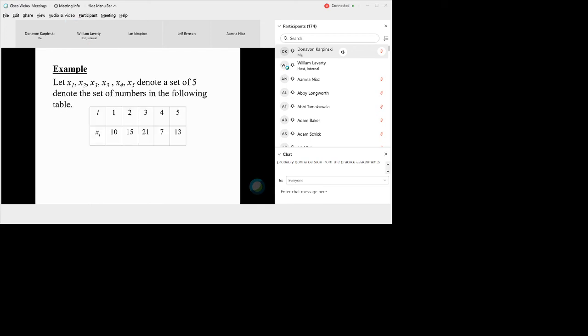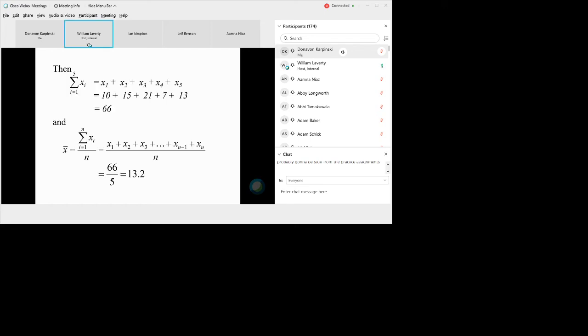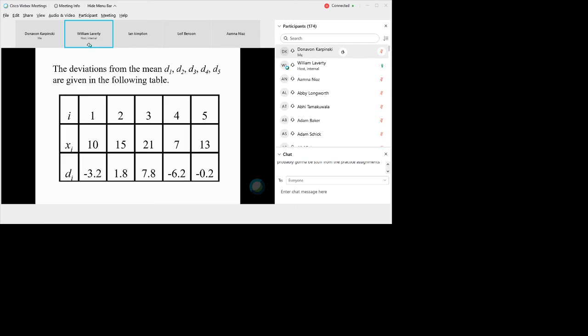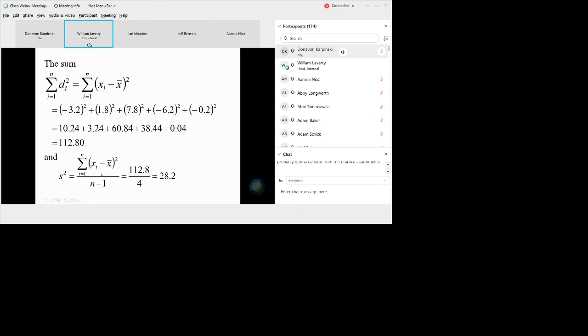Example, here are 5 numbers. The mean: add up the numbers, 66, divided by n. The mean is 13.2. If I subtract 13.2 from each of these observations, I get the deviations from the mean. If I square those values and add them up, I get 112.80.